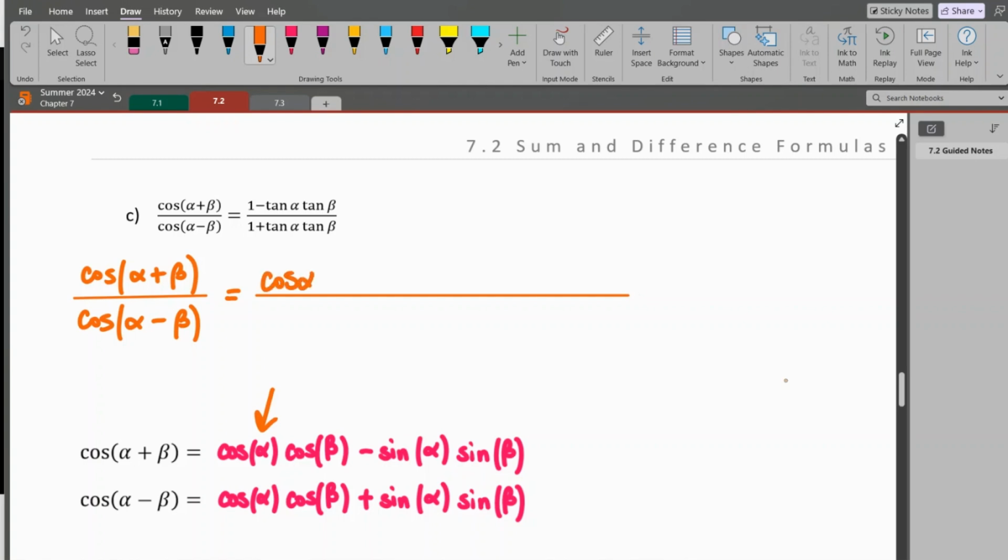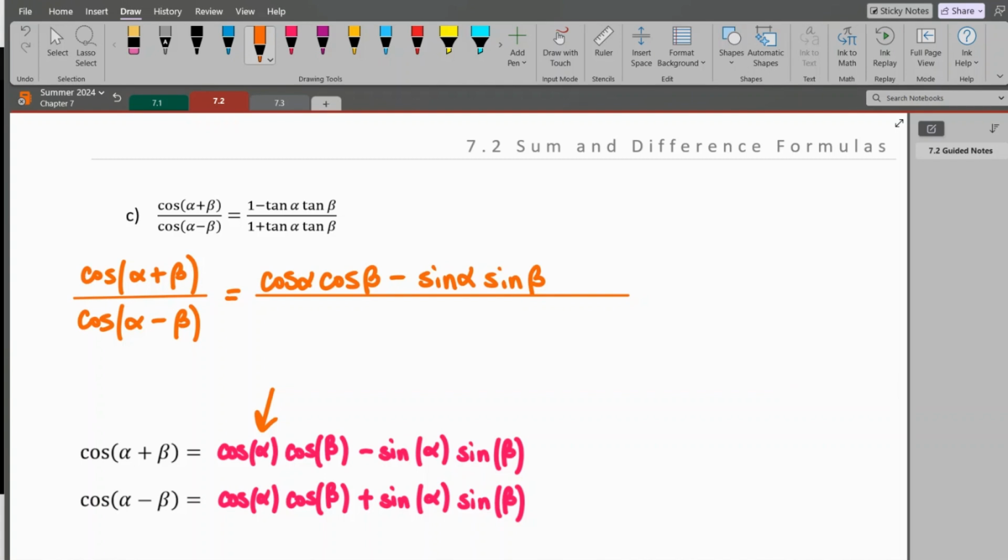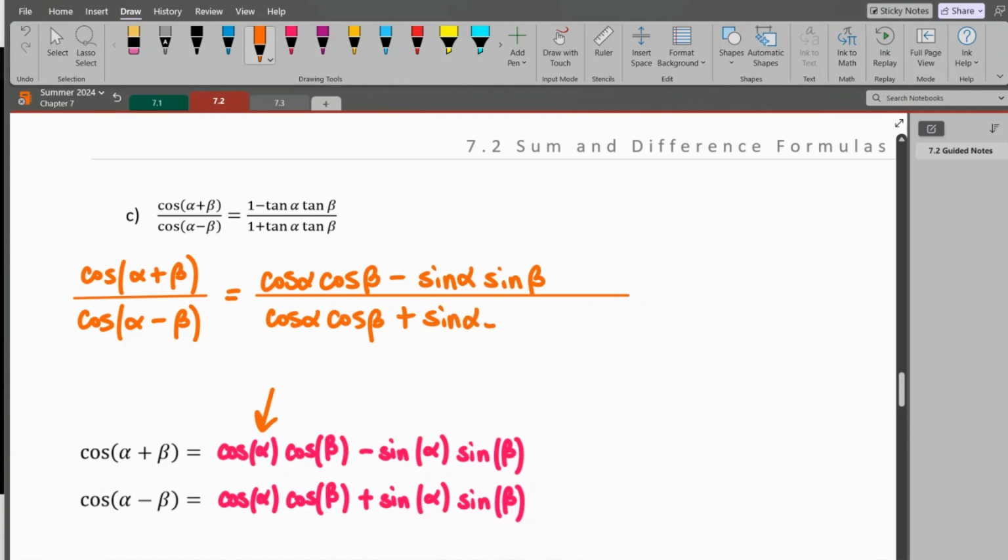I have cosine alpha, cosine beta, minus sine of alpha, sine of beta. And in the denominator here, I'm going to use the bottom formula. So we have cosine alpha, cosine beta, plus sine alpha, sine beta.